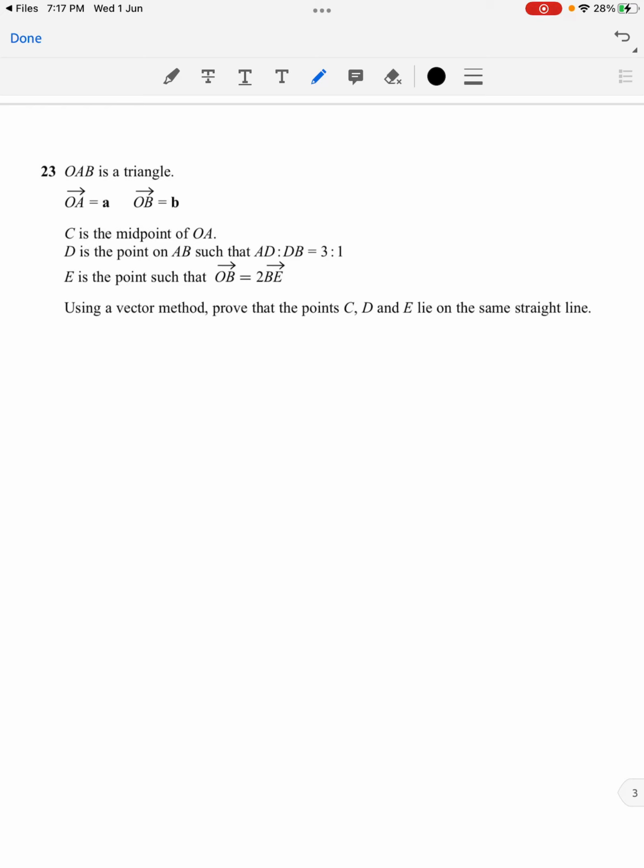So now, in order to do this, let's look at the triangle form. We're just going to draw a simple triangle and call it O, A, and B. Since we know that D is a point on AB, I'm just going to call this D. And we know that C is the midpoint of OA, so that gives us ideas.